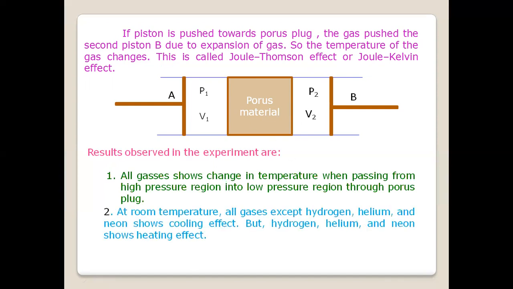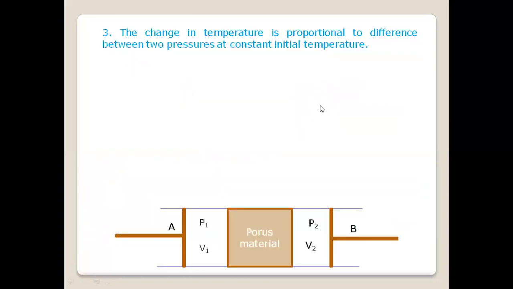The second point is that, except hydrogen, helium and neon, all gases at room temperature show a cooling effect; due to this expansion, the temperature of these gases decreases. But hydrogen, helium and neon show a heating effect, that is, when these gases pass through the porous plug, their temperature increases.